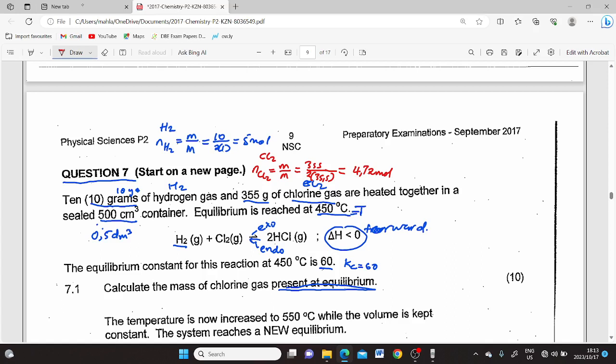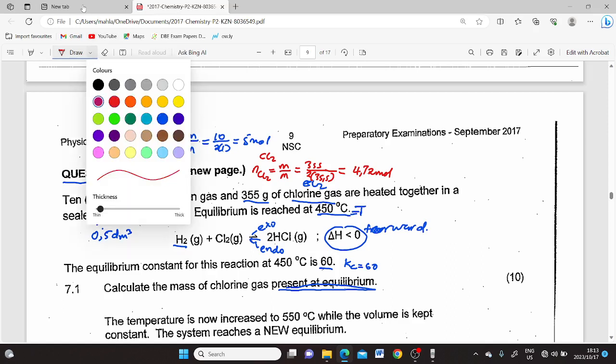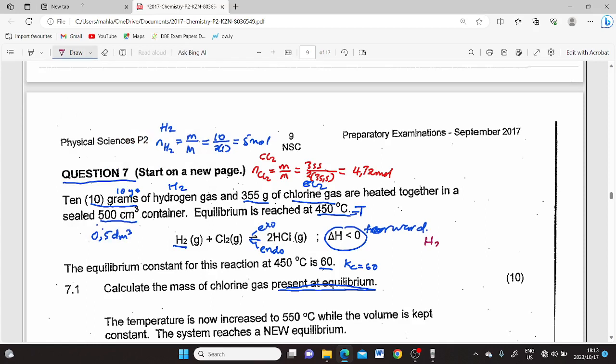Right, now we can have our table. Let's draw our table down there. So we know that our table is having the reaction. Our reaction is H2 plus Cl2, reversible, 2HCl.